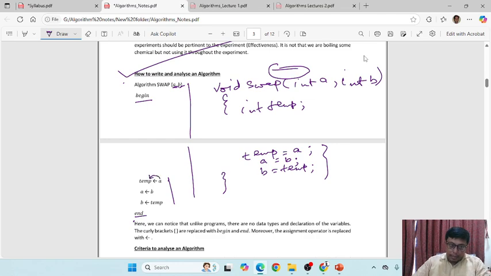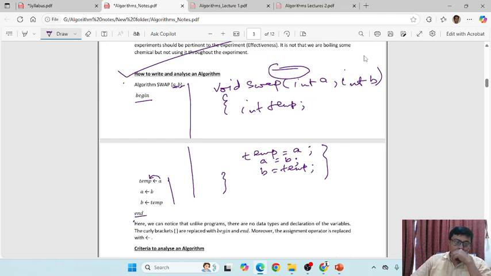Now you see, the value of a is being assigned to this variable temp using this arrow mark. Whenever you write this in code, you replace this arrow mark with the assignment operator, equal to.